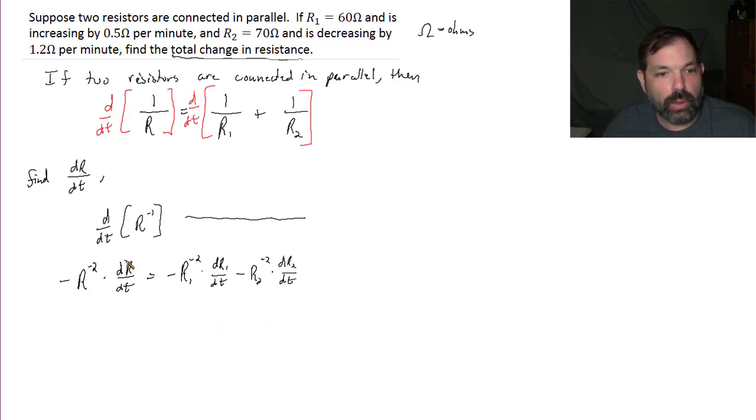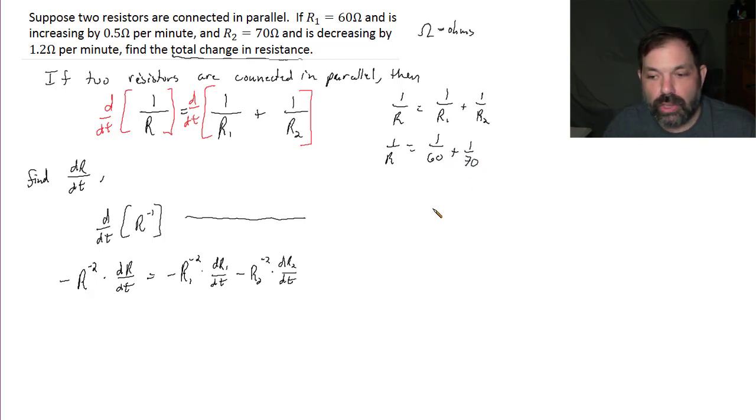So now I know everything except for R. I don't know R, and so I don't know R to the negative second. So I've got to do another calculation here. If 1 over R is equal to 1 over R1 plus 1 over R2, then at that moment, R1 is 60 and R2 is 70, so 1 over R is 1 over 60 plus 1 over 70.